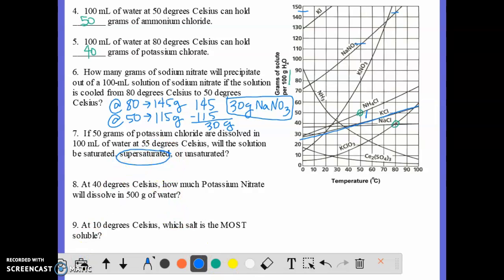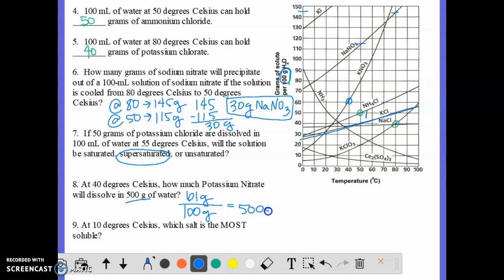At 40 degrees Celsius, how much potassium nitrate will dissolve in 500 grams of water? We changed the amount of water that we have. So potassium nitrate at 40 degrees is going to be 61 grams, but that is out of 100 grams. Remember, our graph is 100 grams. So we're going to put this in a proportion.